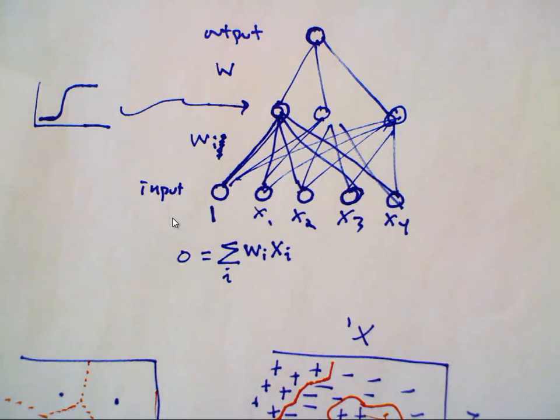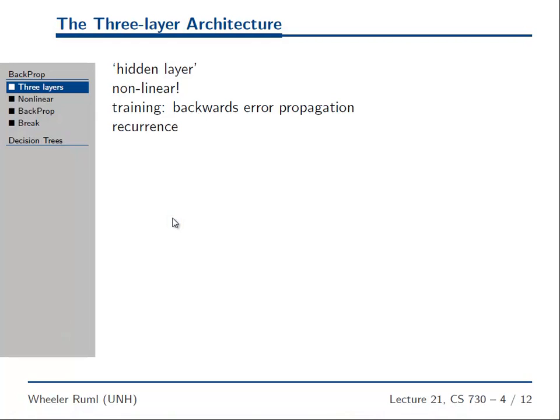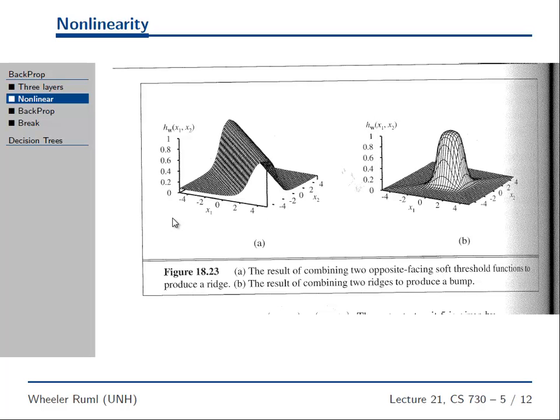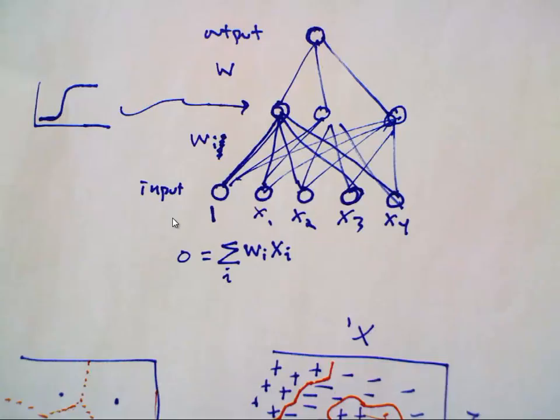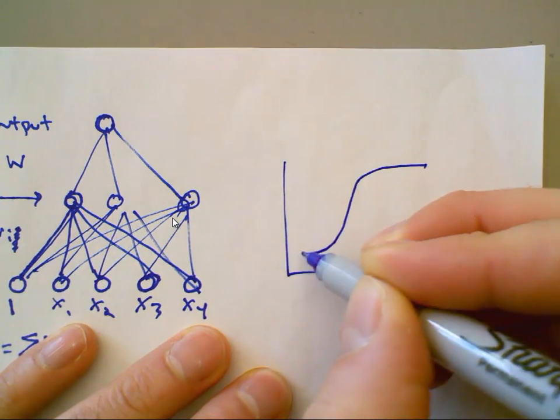I think I have a picture in the slides that tries to give you a sense of why the nonlinearity could be important, or how you get it. So if I have one hidden unit that gives me a sigmoid, this is right out of your textbook. One hidden unit gives me a sigmoid. It'll go right like that. That'll be the response.